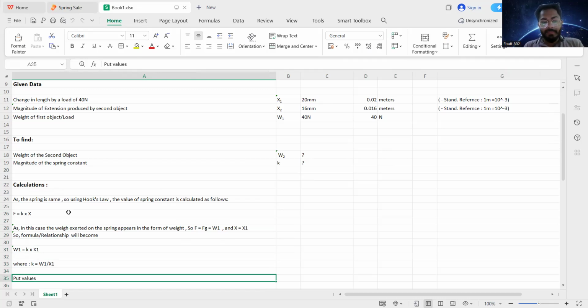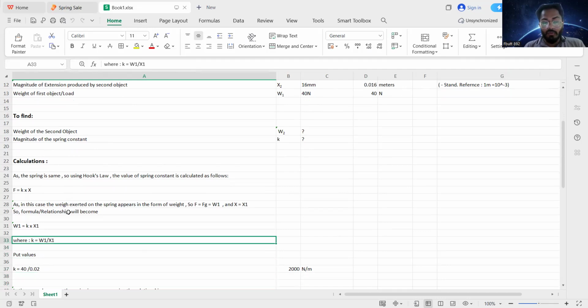K is on the right hand side, multiplied by the change in length. When I shift that change in length towards the left hand side of the relationship, it will divide on the left hand side. So by shuffling the change in length, I get the formula: spring constant is equal to weight of the object divided by change in length.